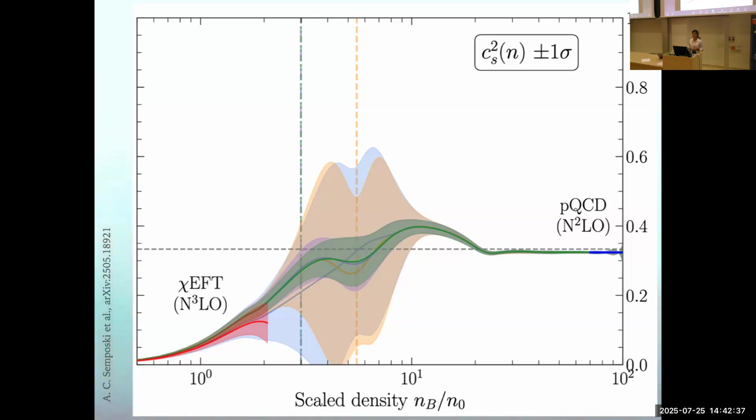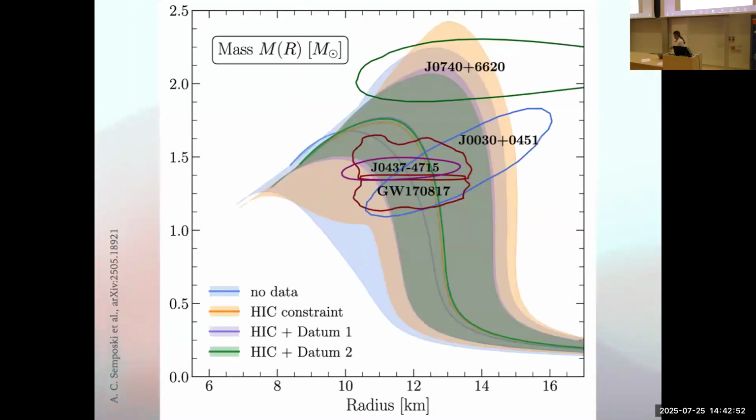So there are lots of models exploring this non-monotonous behavior of the speed of sound, and they do not necessarily have to go to arbitrarily high values. Even in the more moderate behaviors, we see that the mass-radius relation of neutron stars that comes out of them is in qualitative agreement with the observations, both for the masses and for the radii that we know from pulsars and also from gravitational waves.